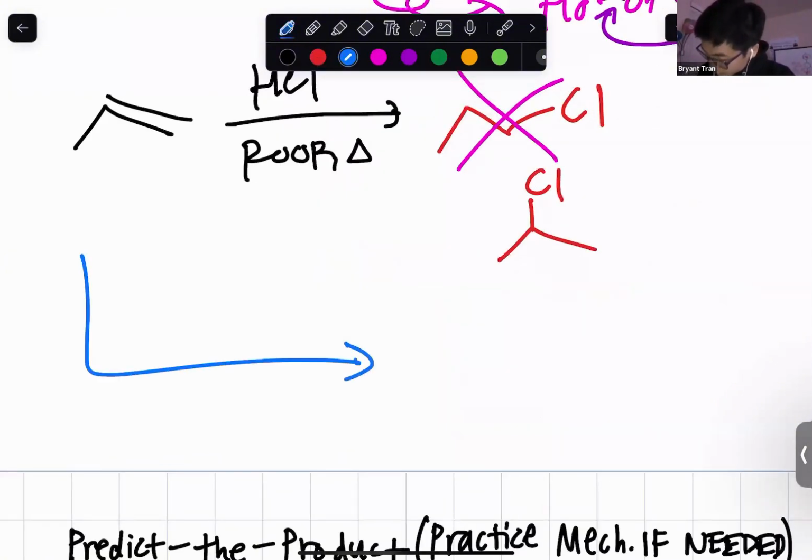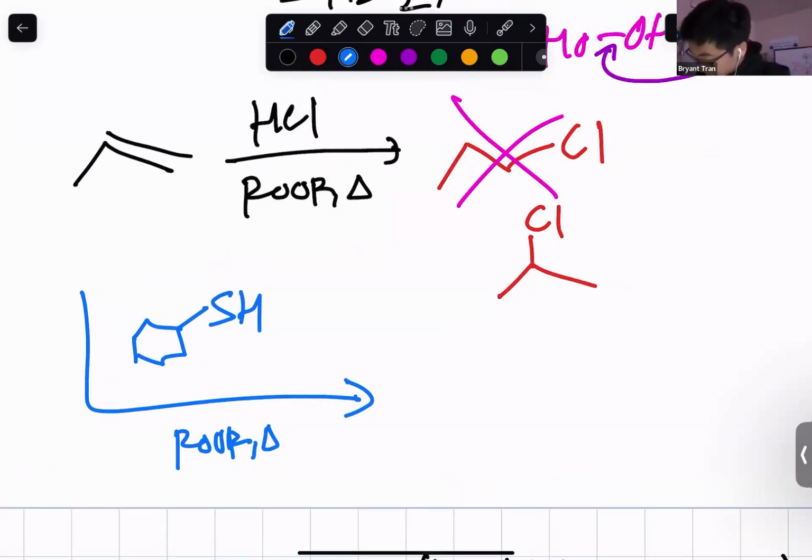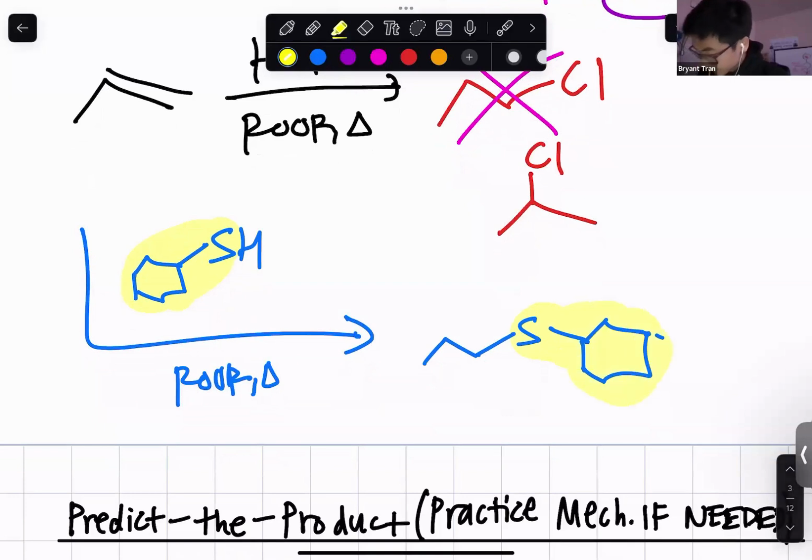But if you see something like this, where you have some random R group, let's say like the cyclohexane SH with ROOR and heat, then you can do anti-Markovnikov where you add the sulfur atom to the less substituted carbon, right? If I highlighted this sulfur group here with that R group, that's this sulfur group right there, right?